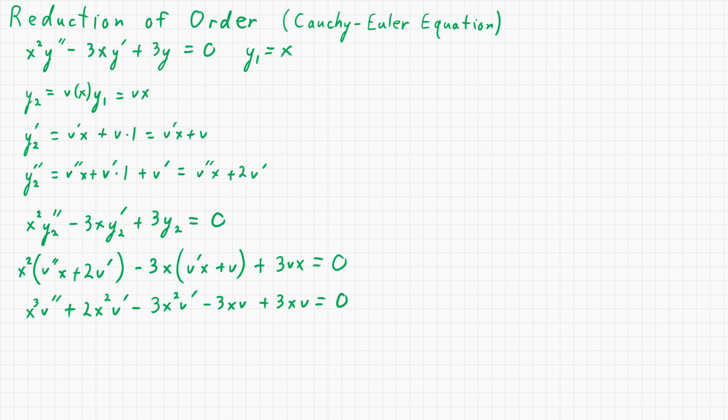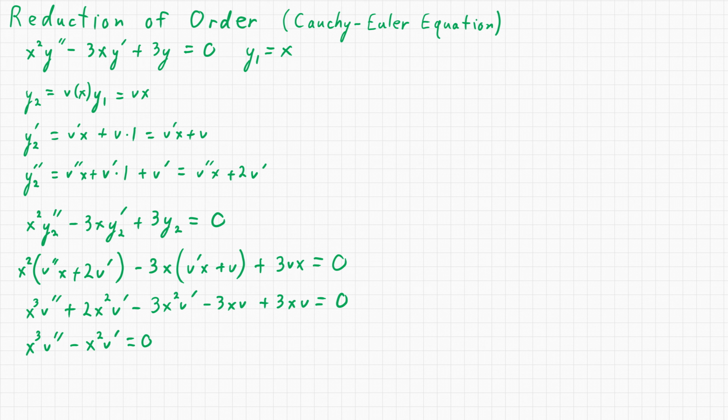Let's take a look here. x cubed v double prime will stick around. I've got 2x squared v prime minus 3x squared v prime, so it's going to be minus x squared v prime. And then I've got minus 3xv plus 3xv, so it cancels, and I end up with 0.